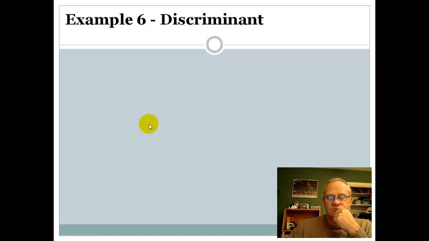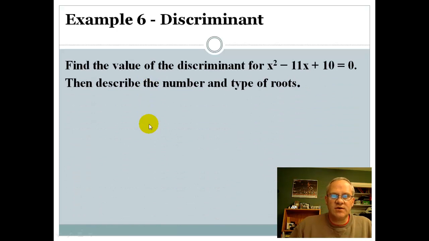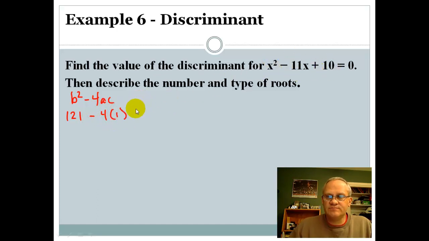Next. Again, remember, b squared minus 4ac. So b is negative 11. Negative 11 squared is 121. Minus 4 times a, which is 1, times c, which is 10. So this is going to be 121 minus 40, which is 81.